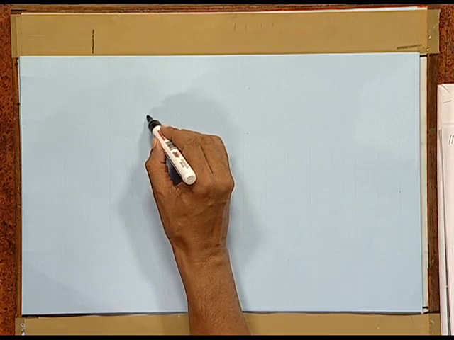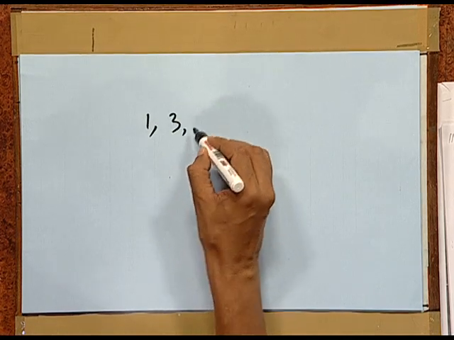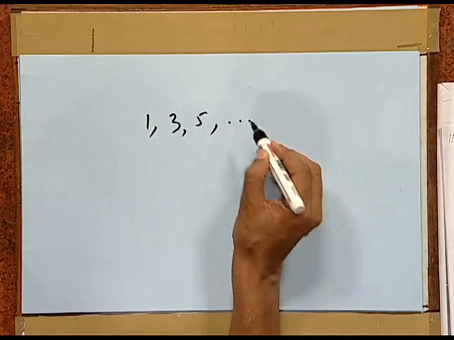In what follows, we are more inclined towards sequences of special types. Sometimes we do not write the list of all the elements, we give a rule to find the various elements. For instance, if you have a sequence like 1, 3, 5, can you guess the next number?